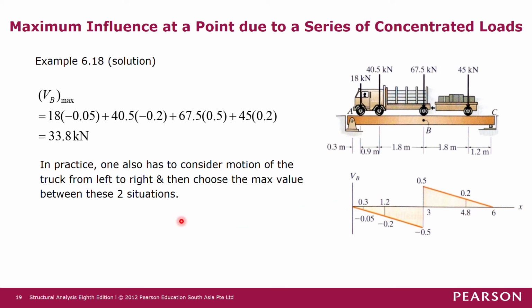Although the 67.5 kilonewton force moved by 1.8 meter, this 18 kilonewton force will move on the beam by only 0.3 meter and then it's out of the beam already. No more influence, after moving 0.3 meter to the left.